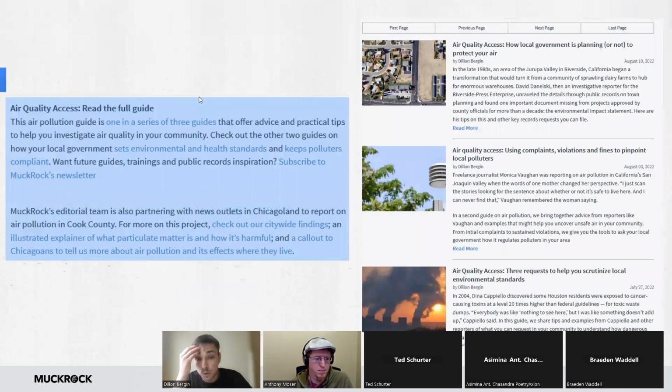This summer, I also wrote 3 air quality and public records guides that you see here on the right-hand side of the screen. My goal in those guides was to do some research for myself, but also then, after doing that research and talking to other journalists, write about it in a way that anyone can follow and hopefully then file those same records requests. So you can find a link to that in the Google Doc as well.